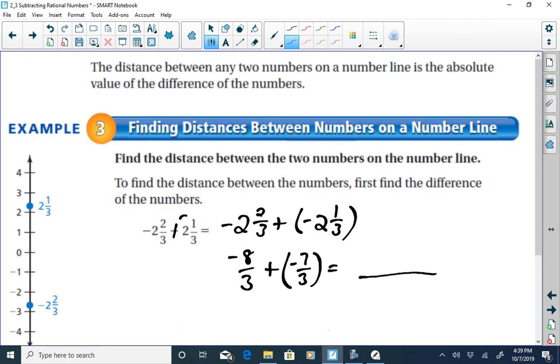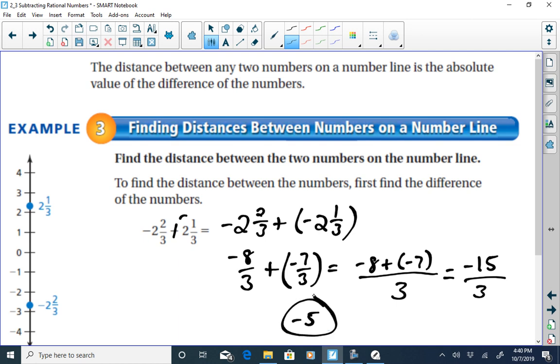So my next step, I write over the same denominator, which is 3. We have negative 8 plus the negative 7. I'm adding integers with the same sign, so we add their absolute values. 8 plus 7 is 15. Keep the same sign, but that's over 3. And what is negative 15 divided by 3? Right? That's going to be negative 5 as our answer. All right?